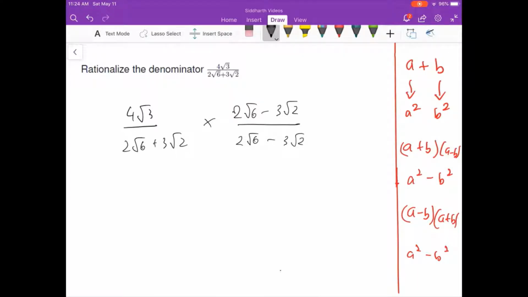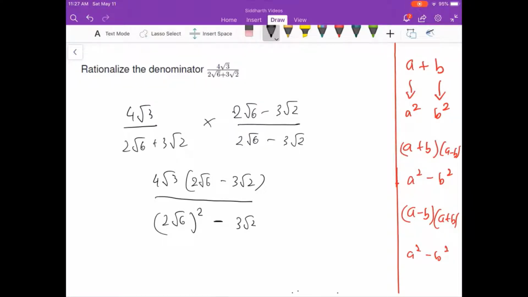To keep the term same, whatever we multiply to the denominator, we need to multiply the numerator by the same term. This expression can be written as 4 root 3 into 2 root 6 minus 3 root 2 divided by, using this identity, 2 root 6 whole squared minus 3 root 2 whole squared.